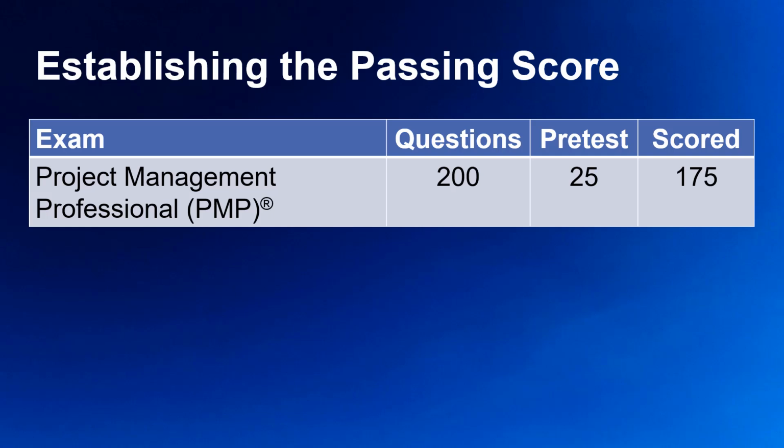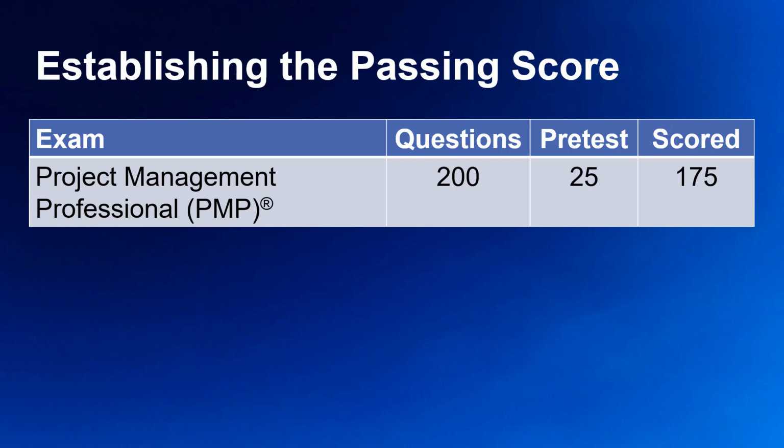PMI uses them as an effective and legitimate way for testing new questions. In other words, new questions for the exam are first tried out in this way to see how well they work. Basically, you become a guinea pig for PMI so that they can test their latest questions. Anyway, the pre-test questions are randomly placed throughout the exam, so you don't know which ones are which.